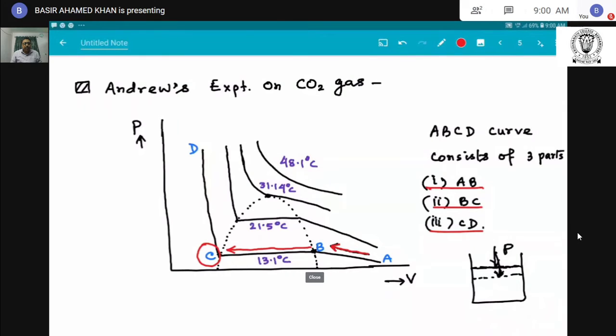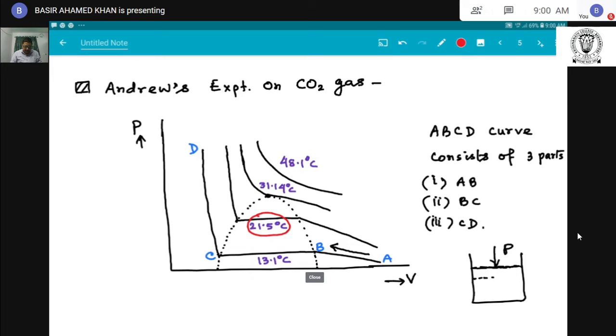So the next isothermal is at 21.5 degrees centigrade. This isothermal has the same nature as the ABCD line, only here the horizontal portion is shorter.